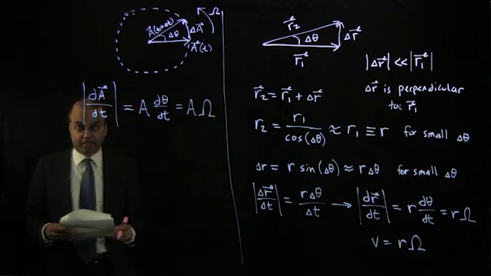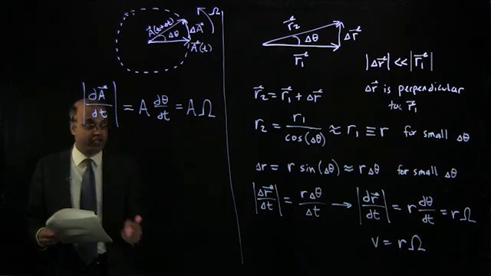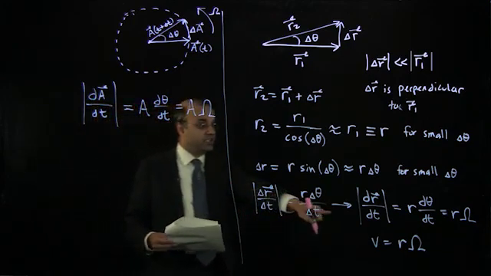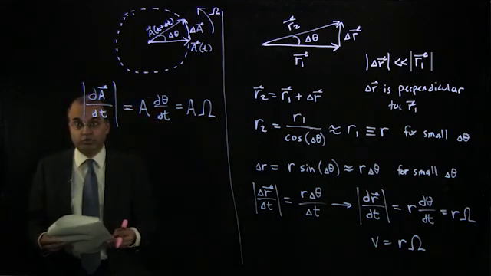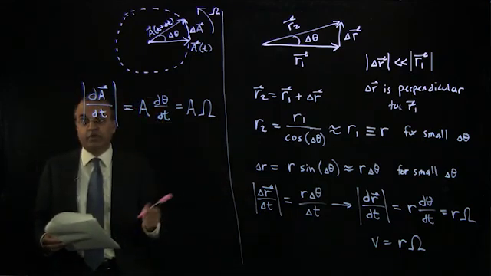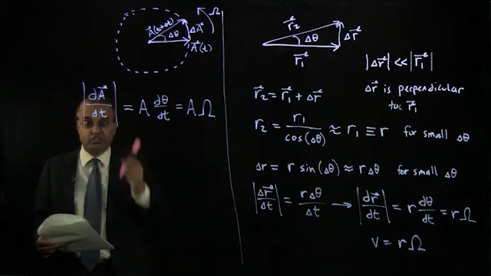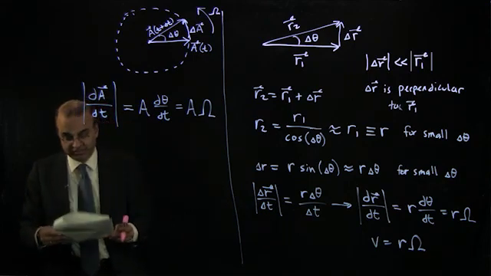That's true for any vector. Okay, this is a general result. V equals r omega is just a special case of this general rule, where in that case my rotating vector is a position vector, but this is true for any vector that's rotating in space.